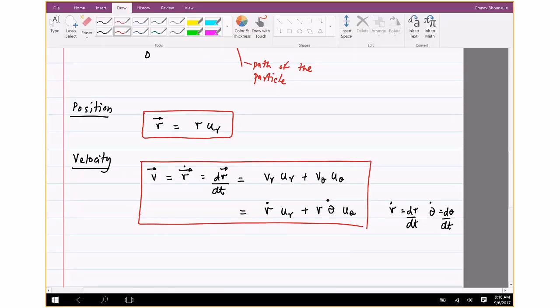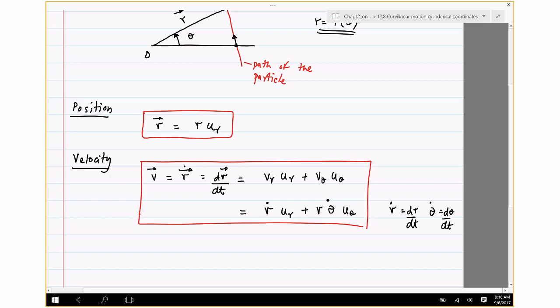Okay, the next thing we want is acceleration. Acceleration is obtained by taking the derivative of velocity with respect to time. So a is the acceleration, it is dv/dt, and again when you use that formula, you've got to use the chain rule to find the derivative of v.